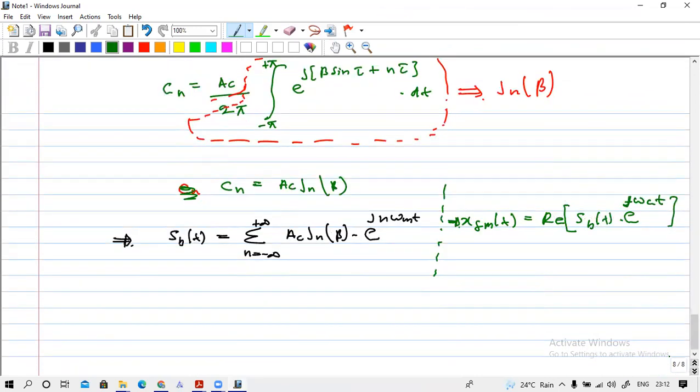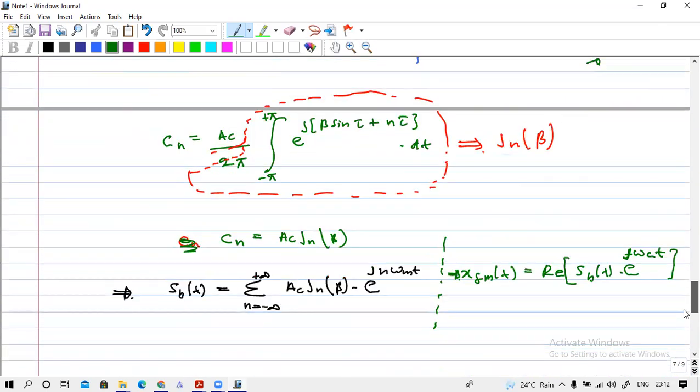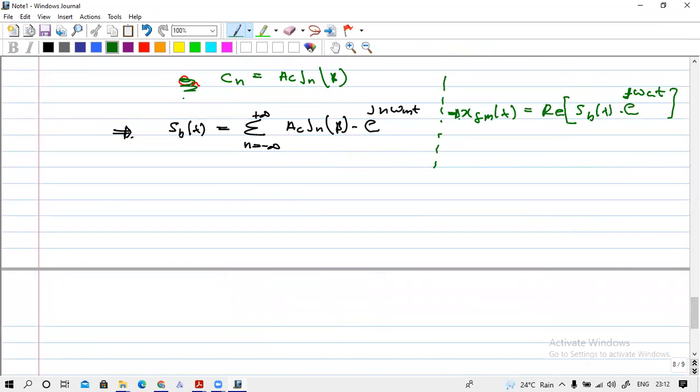If I substitute it here, my total modulated signal will become the real part of the summation, the collection, over n from minus infinity to plus infinity.